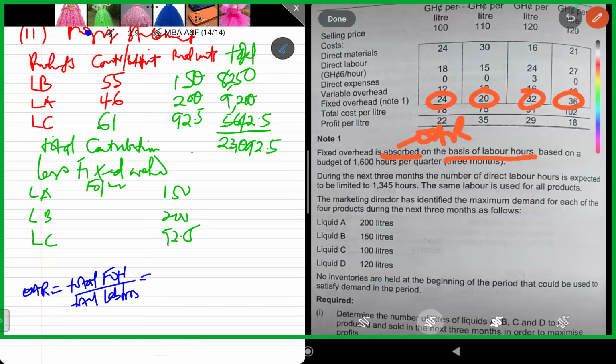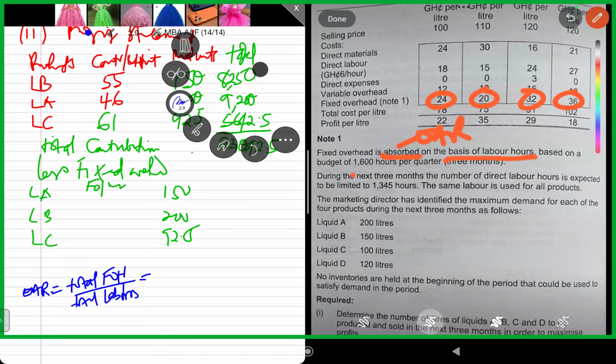Already, the question has given us the workings. Let me do this. You have the labor hours. Okay, so multiply 24 by 150. Let me see what you have.